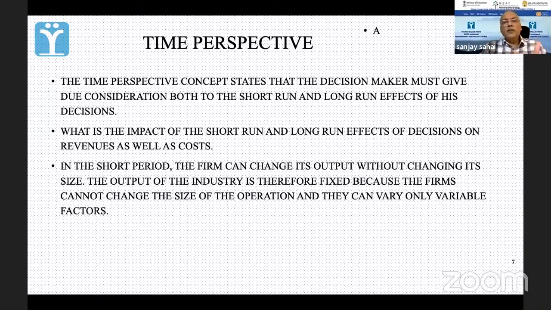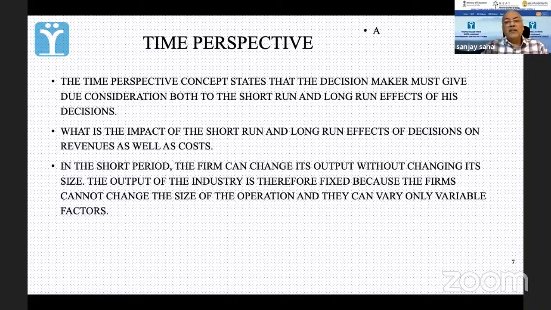So it's possible for the firm to increase its output from 7,000, but there is a ceiling of 10,000 because that is the total capacity which it has. So the most it can do is go up to 10,000. So it can change its output without changing its size. That is not going to change. The size of the firm is that of a firm which has a capacity of 10,000 units.